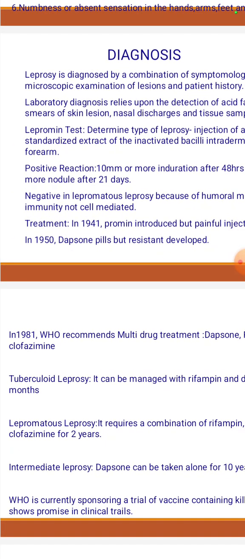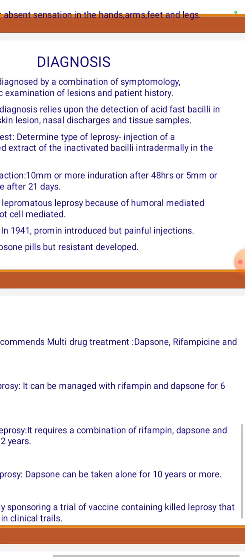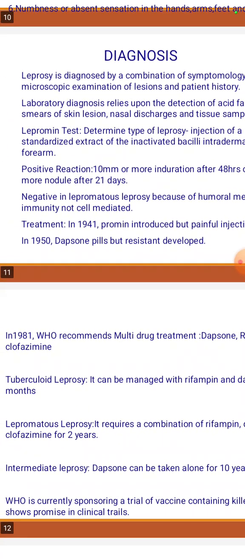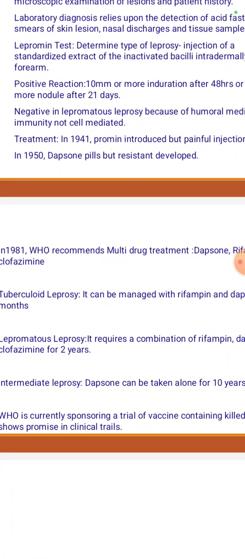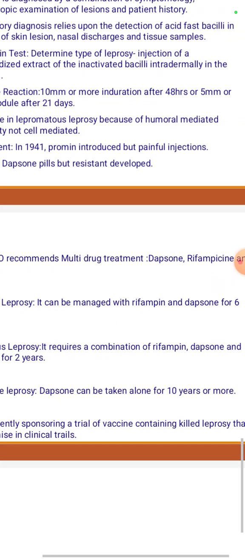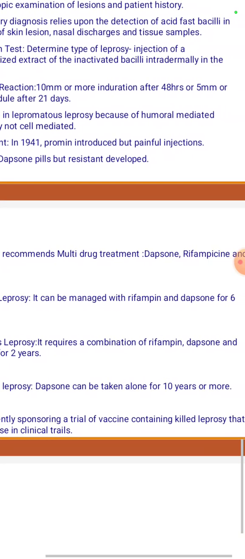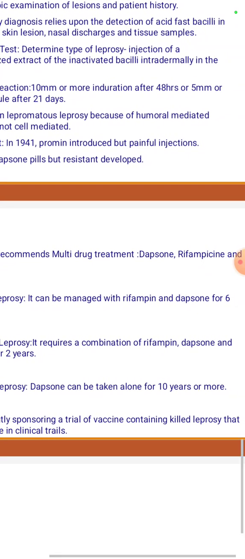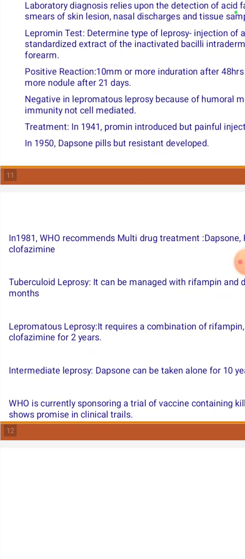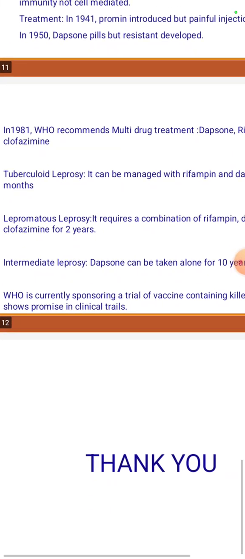Lepromatous leprosy requires a combination of rifampicin, Dapsone and clofazimine for 2 years. For intermediate leprosy, Dapsone can be taken alone for 10 years or more. WHO is currently sponsoring a trial of a vaccine containing killed leprosy bacilli that shows promise in clinical trials.